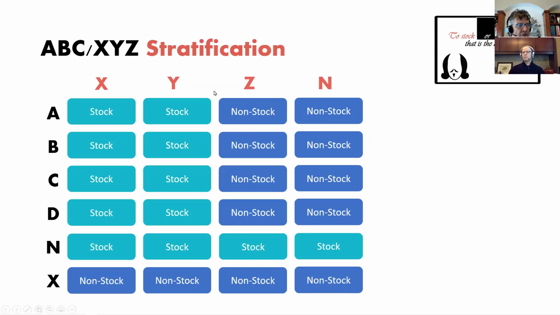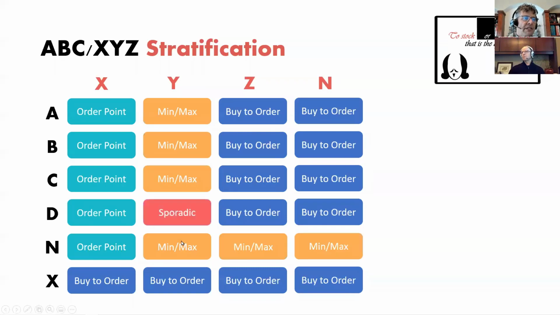And so once you make a decision whether to stock or not to stock a given category, then you can take one more step and say, which order policy do we want to govern this group of items?